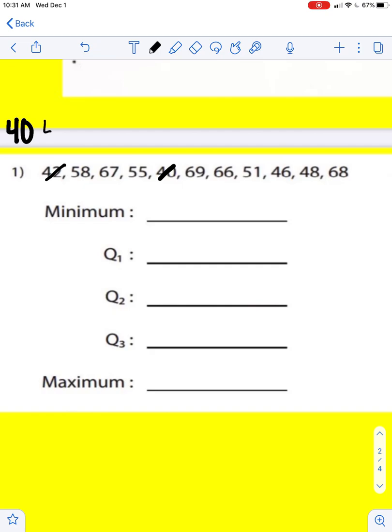The next one I've got is 42. Then I've got 46. Then I've got 48. And then it looks like 51. Then 55.